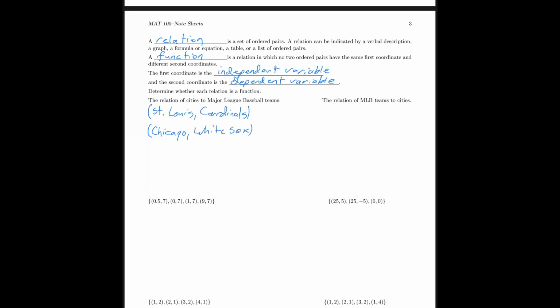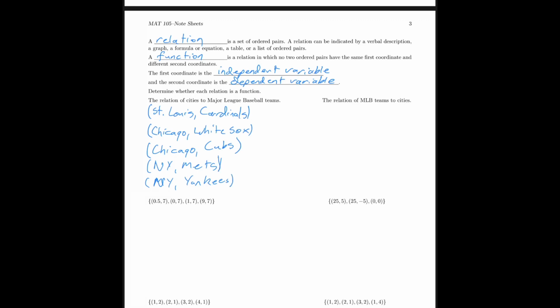So these are just my ordered pairs, right? I've got a city as the independent variable and a team as the dependent variable. And then we could do Chicago and Cubs. And let's just do another couple examples real quick. So we could do the New York Mets and the New York Yankees.